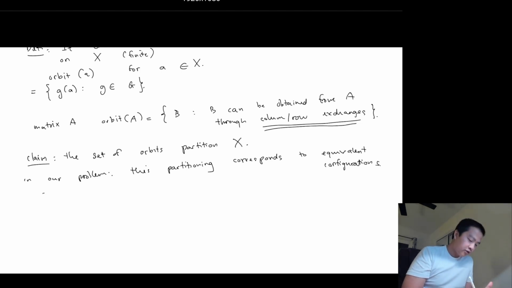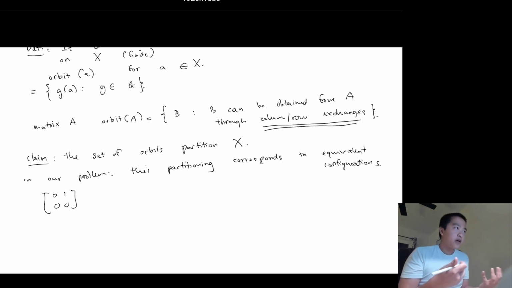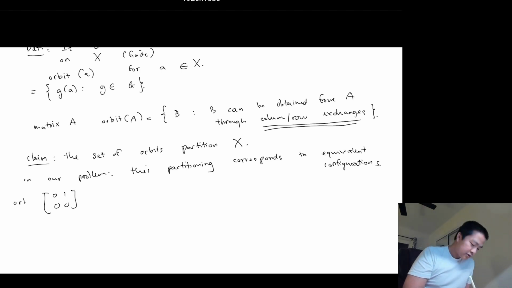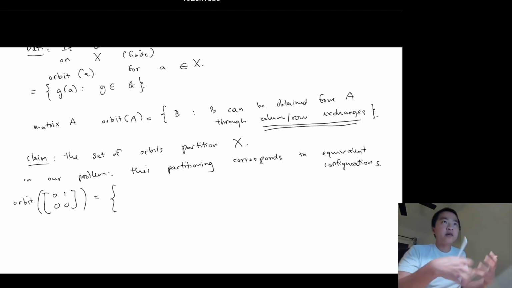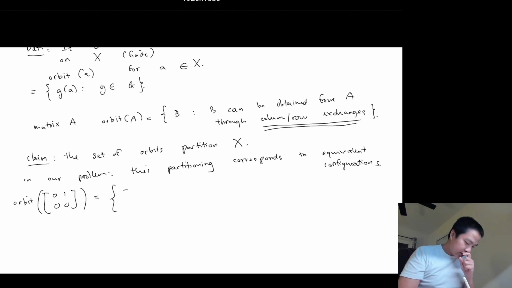For example, if you have a matrix 0, 1, 0, 0, the orbit of this is what you get when you freely apply any series of row or column exchanges to this matrix. And what you get is these configurations.